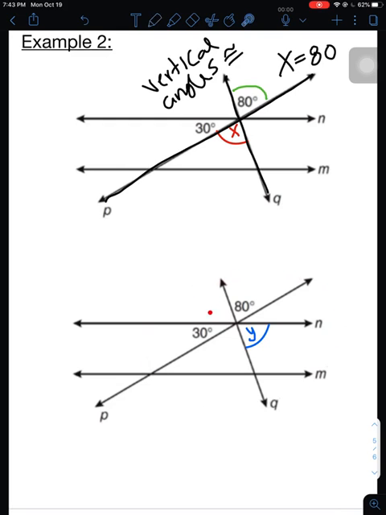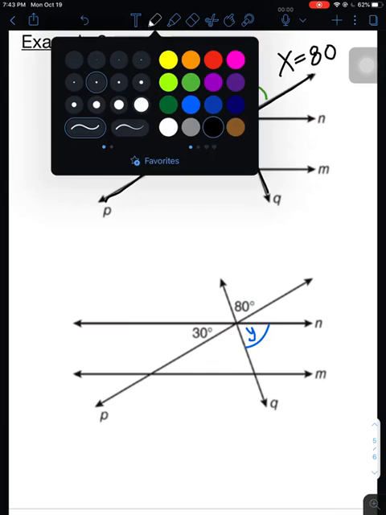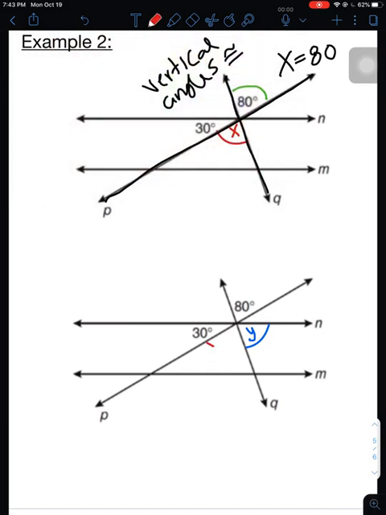Right? Okay, now here's where it gets interesting, because down here, we're gonna need to use what we found in the top part. We found that this angle down here was equal to 80, right? Okay. Now, we are asked to find this y, this blue one.